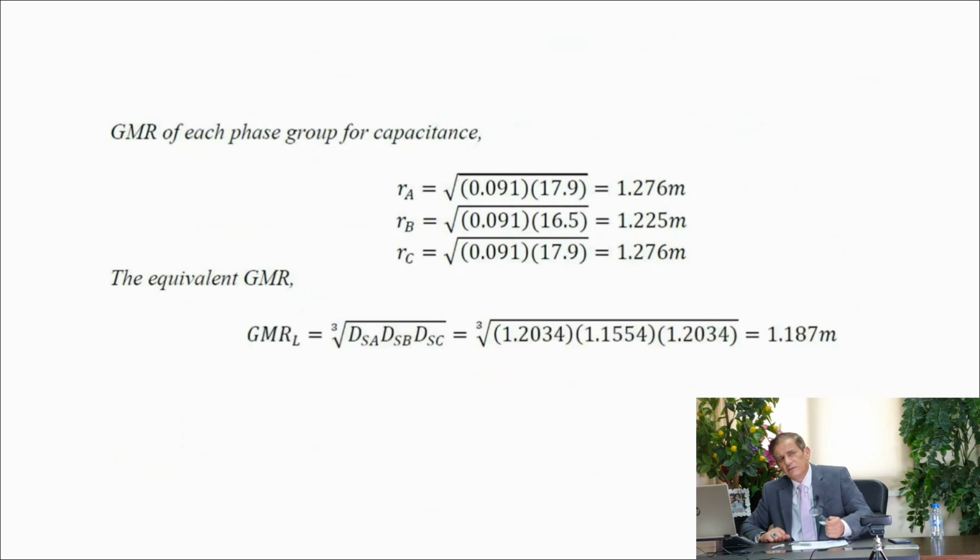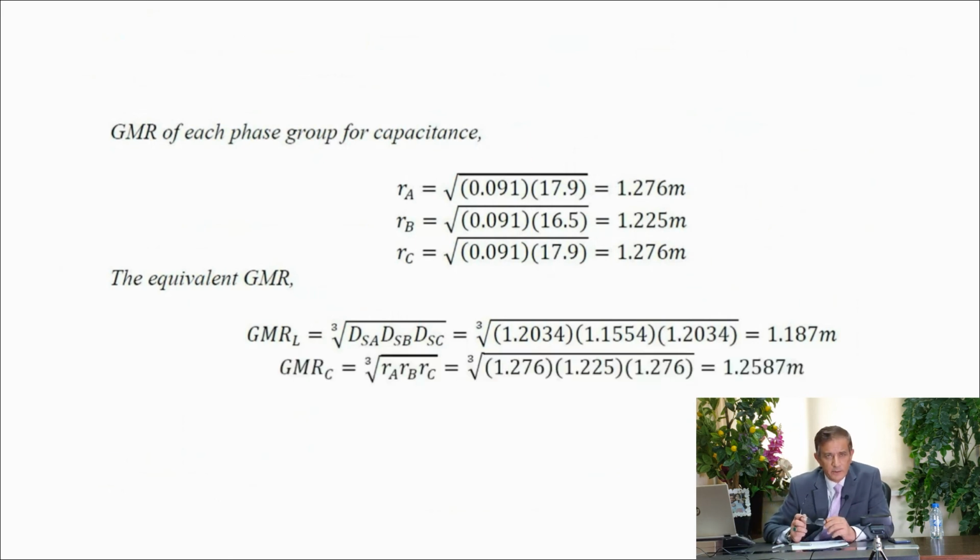See here now, GMRL. This is related to the inductance because it was based on R dash, while the other one, GMRC for the capacitance, is based on the physical actual radius. Both of them have the same procedure, but one uses R dash and one R. Inductance R dash, for capacitance R, physical or actual R.